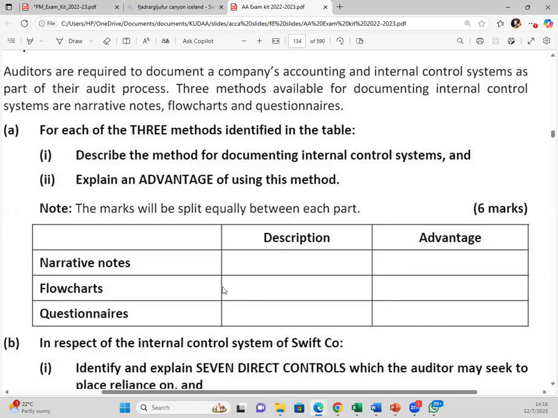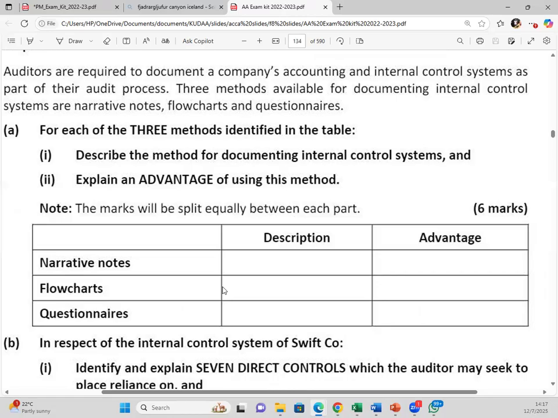You write down what you are finding out in the client's control system. There are different ways of documenting it. We talked about narrative notes, flowchart diagrams, and questionnaires. So the question is saying, describe the method, then give an advantage.